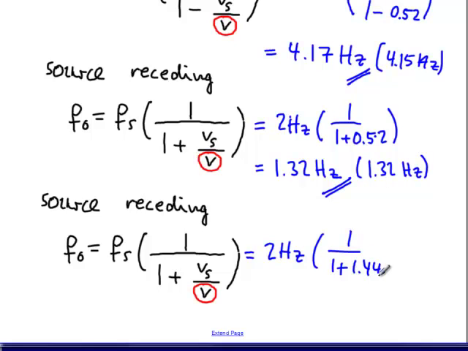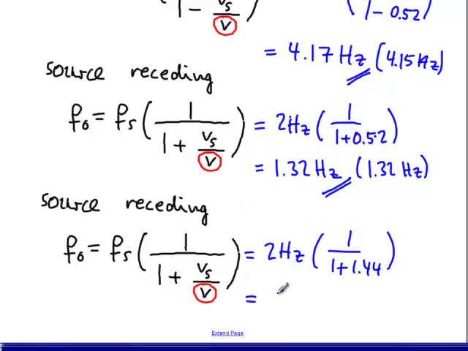So if this was sound, then the sound wave would go at 330 meters per second, and the source, the airplane perhaps, the fighter jet, would go at 1.44 times that much, which is, top of my head, about 470 meters per second. Actually, I have the calculator right here. Yeah, 475 meters per second, which would be roughly 1,000 miles an hour.